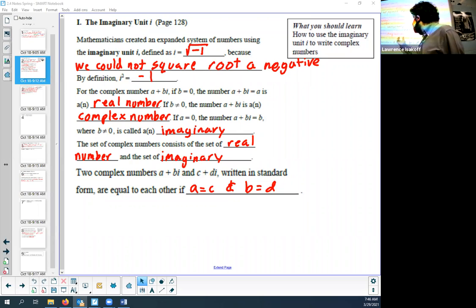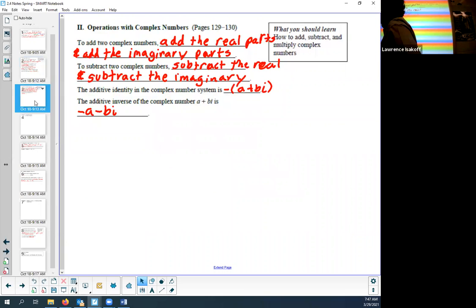Two complex numbers, a plus bi and c plus di, written in standard form, are equal if a is equal to c and b is equal to d. So basically, if I have 2 plus 3i and this says 2 plus 3i, they're the same number. Make sense? So again, this is all much more technical parts of the vocab.